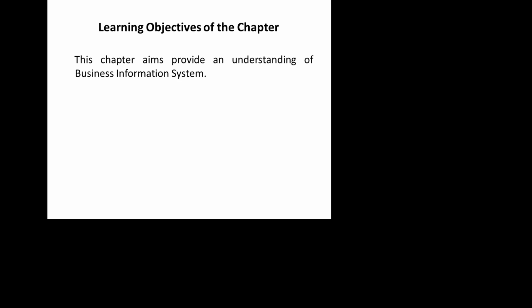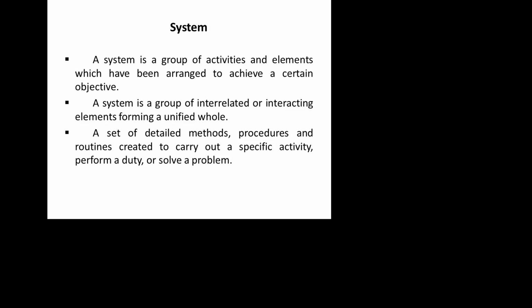Here in this subject and chapter, this chapter aims to provide an understanding of business information system to the BBA students, and the session outcomes will be that the students will be able to understand the meaning of the system, and explain the characteristics of the system.